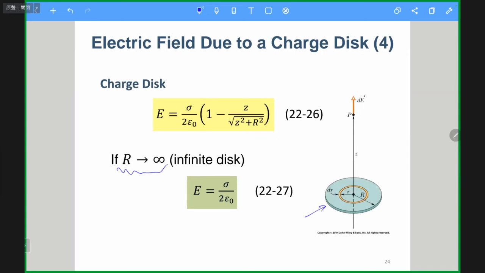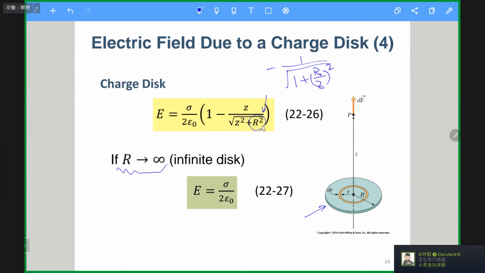Then this term will be 0, because you can consider it like 1 over the square root of 1 plus (R over z) squared, something like this. So if R is much larger than z, or R tends to infinity, the denominator tends to infinity and the whole term tends to 0.